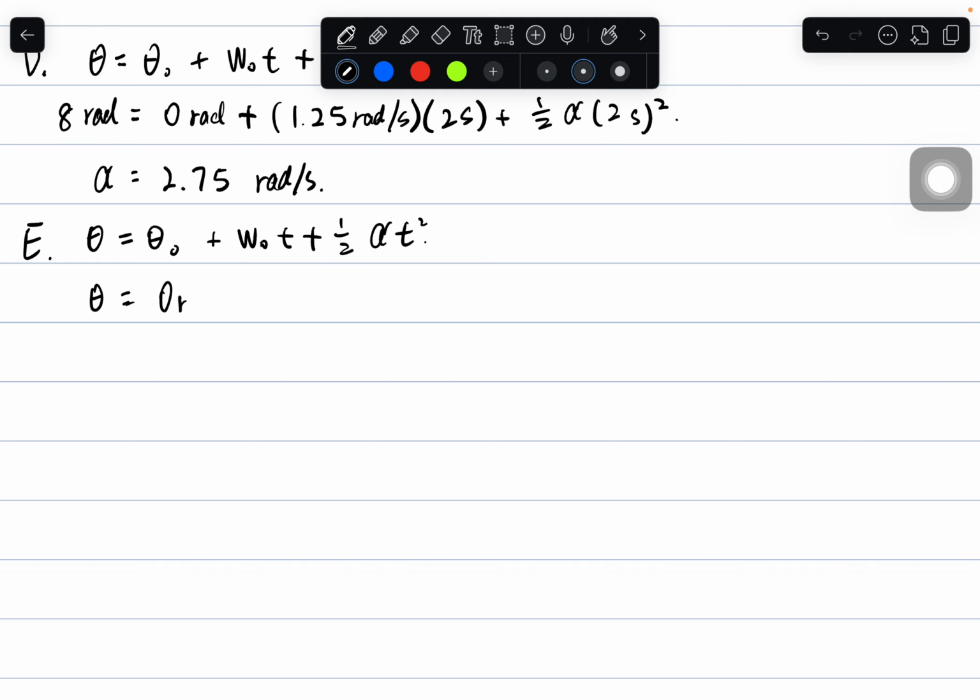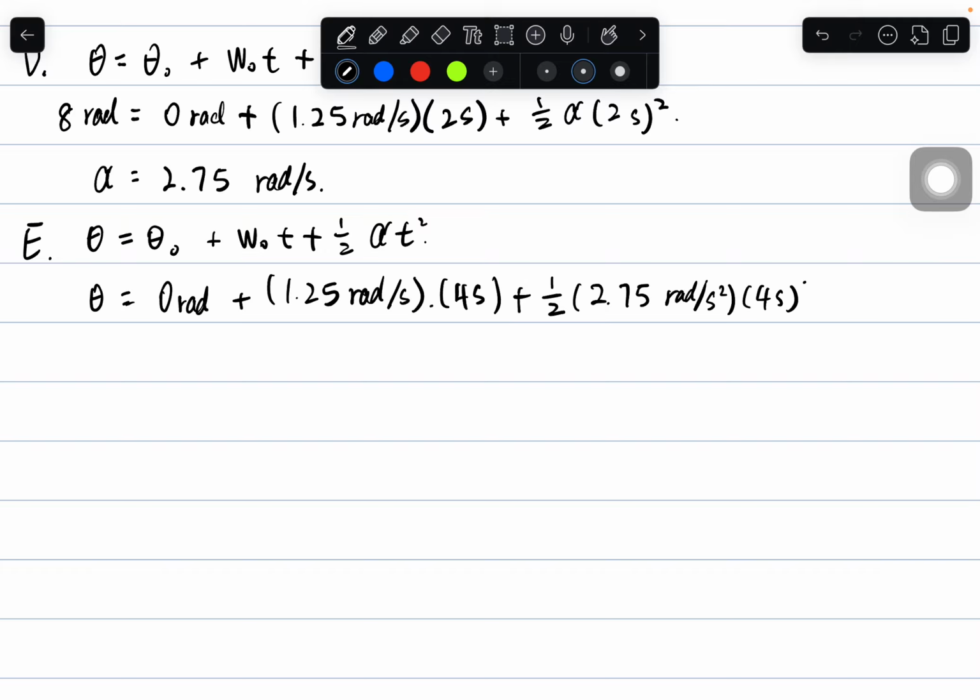So the initial angle is 0 rad plus 1.25 rad/s times 4 seconds, plus 1/2 times the angular acceleration 2.75 rad/s² times 4 seconds squared.